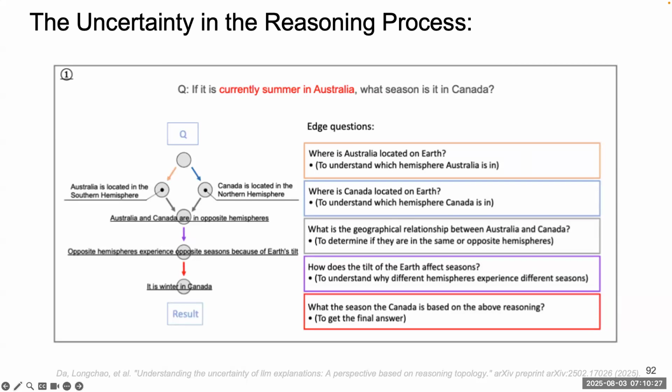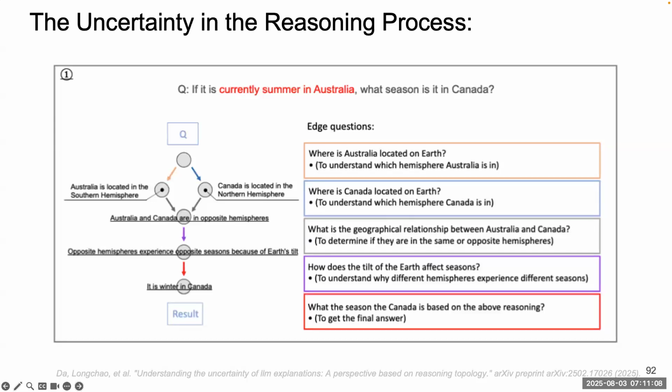So the edge question, for example, the orange line here, is going to ask, where is Australia located on Earth? And the blue edge here is, where is Canada located on Earth? And then they have the nodes as answers, saying Australia is located in the southern hemisphere, Canada is located in the northern hemisphere. And then the third question in this reasoning chain, or reasoning graph, is what is the geographical relationship between Australia and Canada?